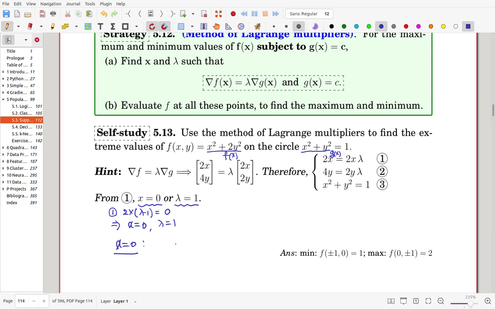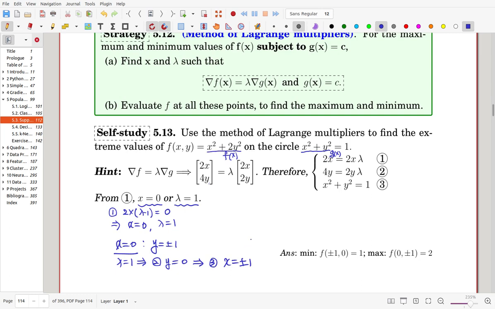Once x equals 0, then from the third equation, y must be plus or minus 1. Secondly, if lambda is 1, then from the second equation, y must be 0. That means from the third equation, x must be plus or minus 1.